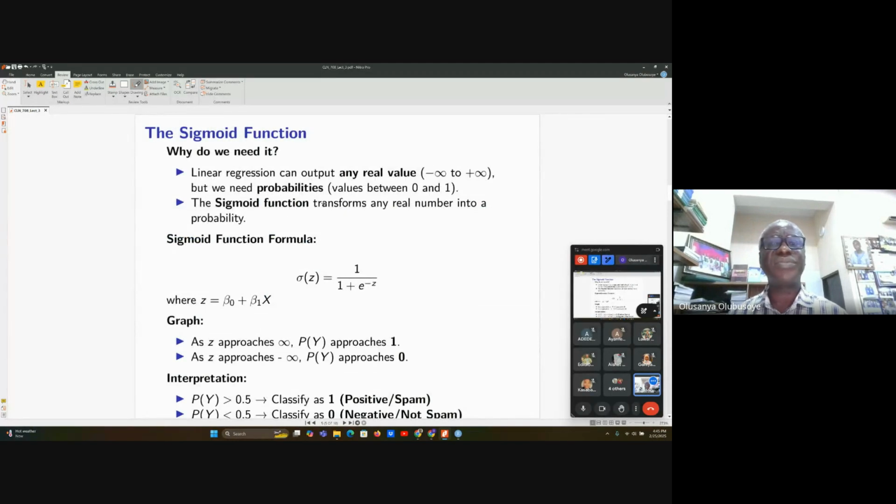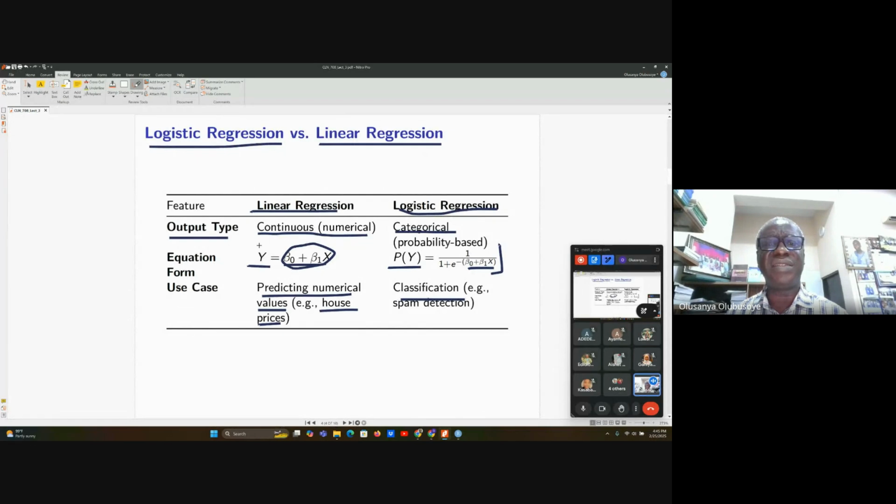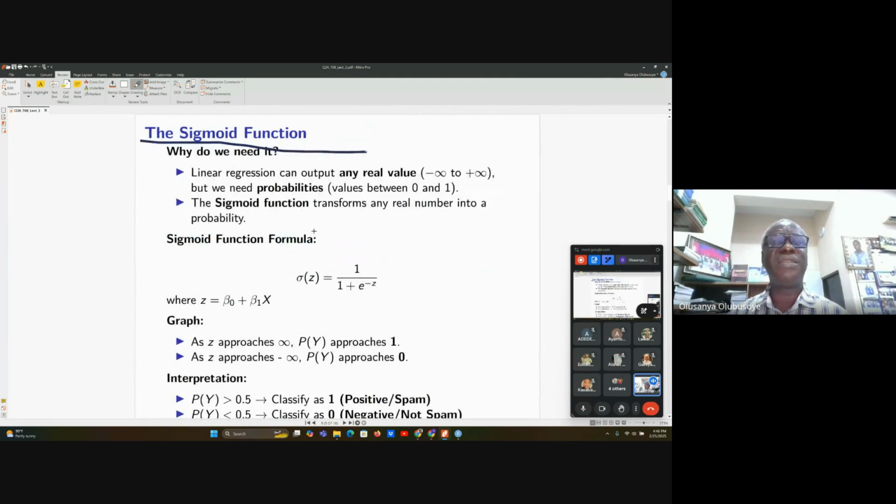So the function that we use there is the sigmoid function, unlike this one that is the linear function. This one is called the sigmoid function.